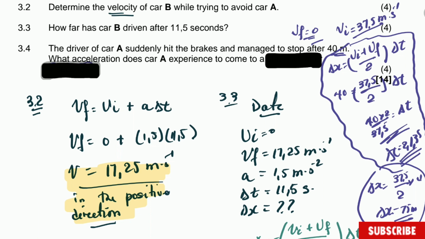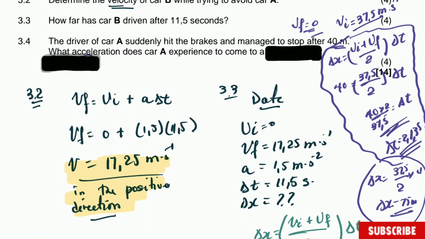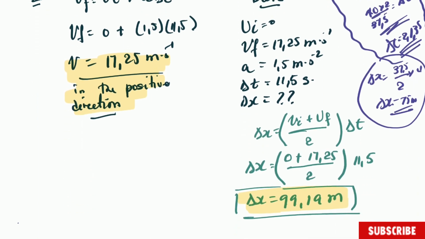So the question says calculate the acceleration with what you have. So let's do it in this tiny corner here, and let's see what we actually have. This is question 3.4. So let's write the data, and what do we have? We have that the initial velocity is 37.5 meters per second. We have that the final velocity is equal to 0.